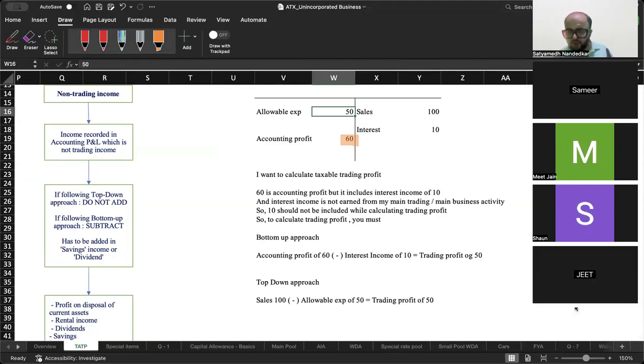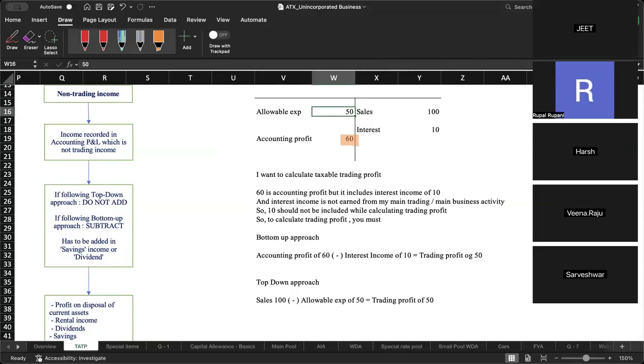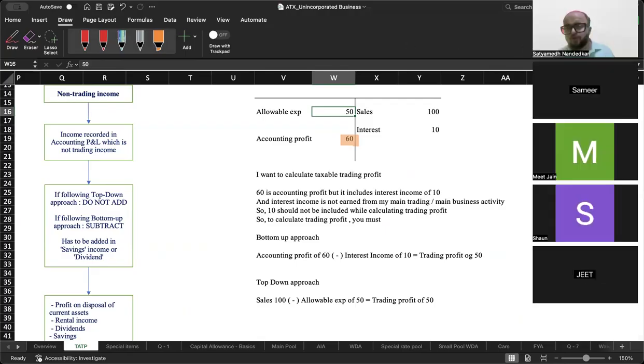If you are using the bottom up approach, accounting profit, while calculating the accounting profit, this 10 must have been added, so do 60 minus 10, you will arrive at 50. Okay, this is the trading profit. Or if you are using the top down approach, don't add it, do 100 minus 50, you will get your trading income. So the focus is that whatever the non trading income, remove it, and then you arrive at just the amount of your trading income.